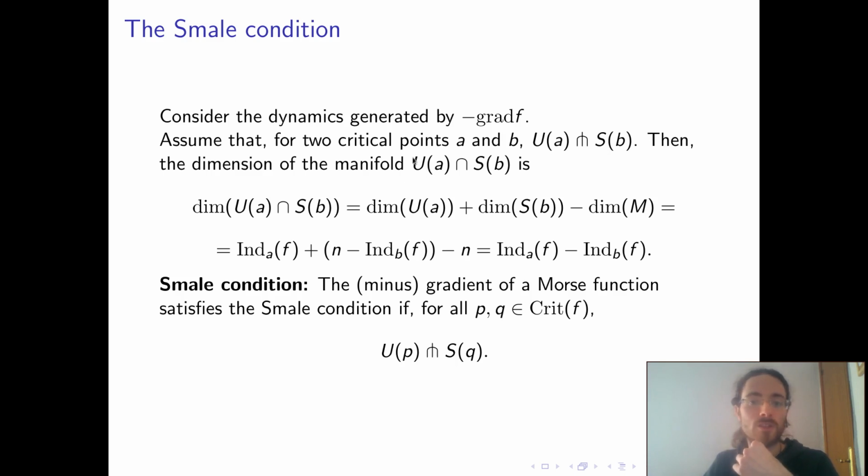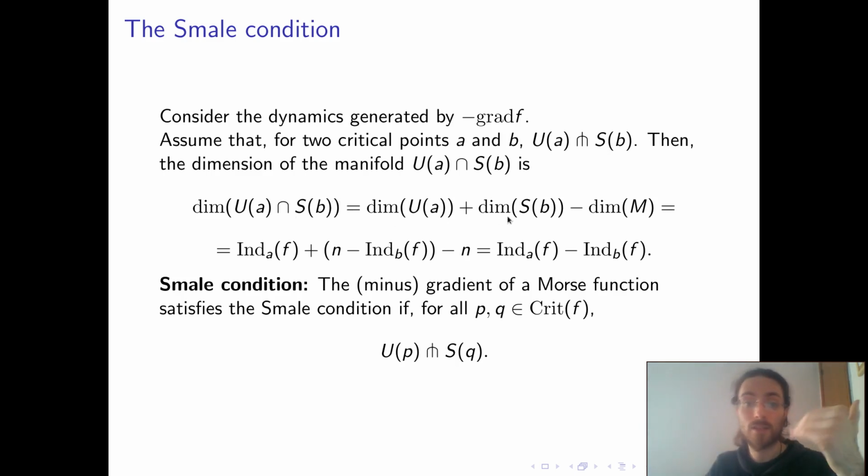So the dimension of the unstable manifold is the index of F, and if we recall before, I said to you that a critical point can only have stable and unstable manifolds. It cannot have anything else in its dynamics because it's non-degenerate, so we are imposing a rigid condition on the dynamics.